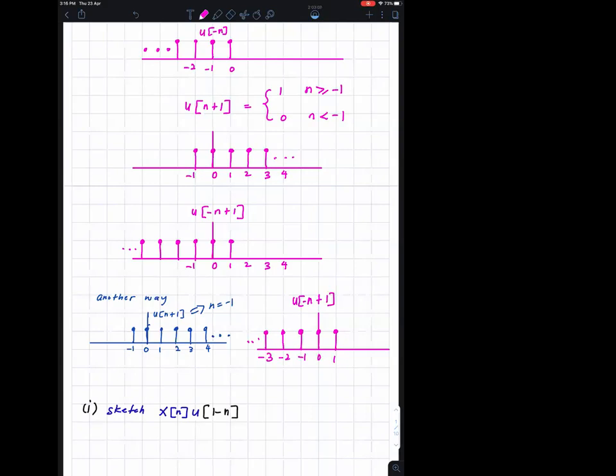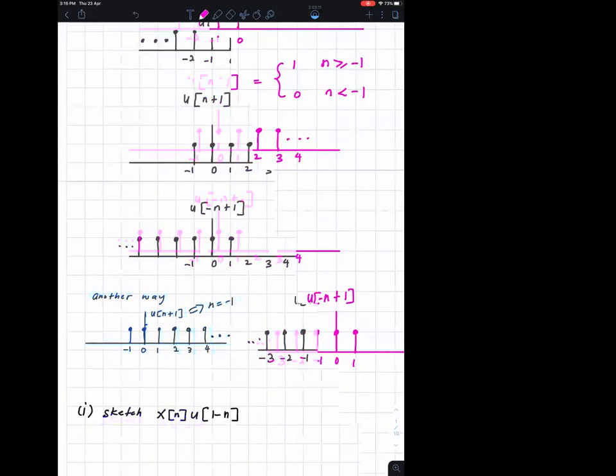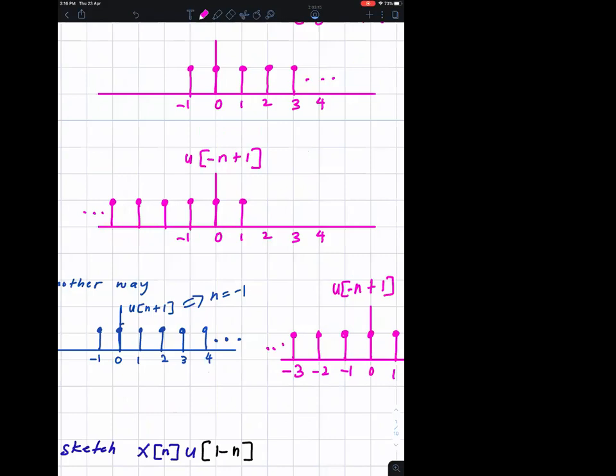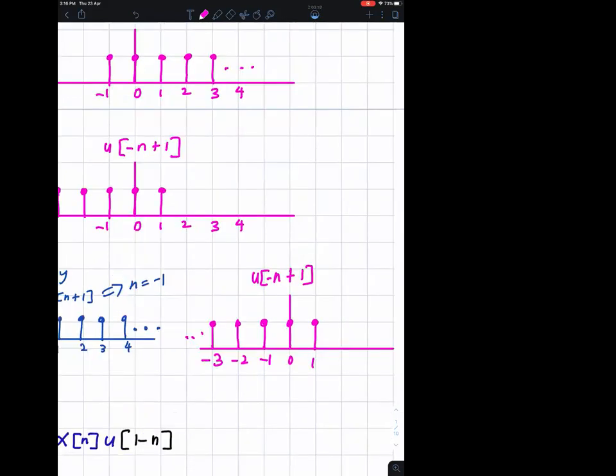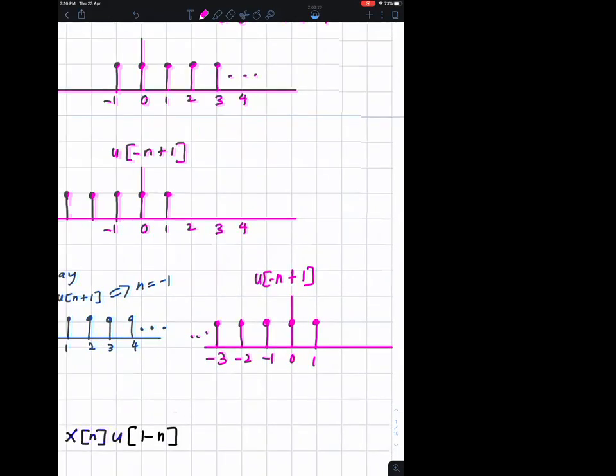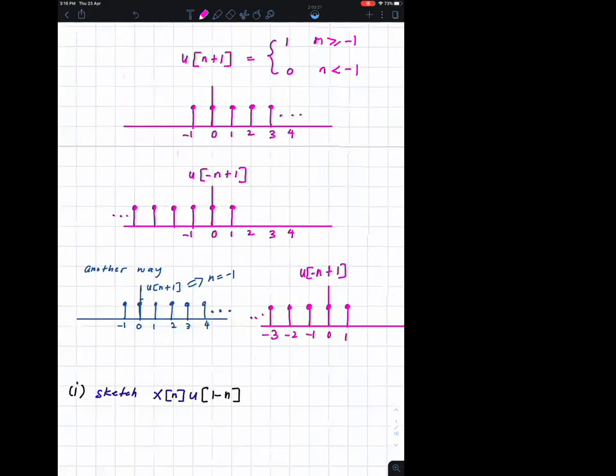See the difference? When you add 1 in u[n plus 1], it moves to the left. But when you add 1 in u[minus n plus 1], it will move the signal to the right. So make sure you are very fluent in this.